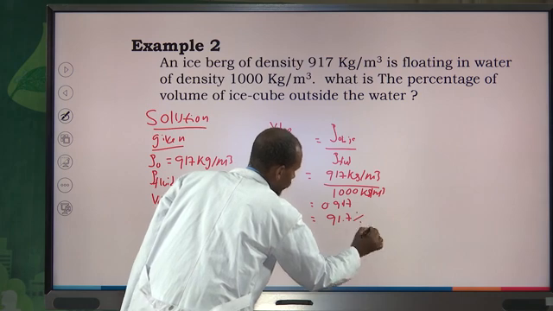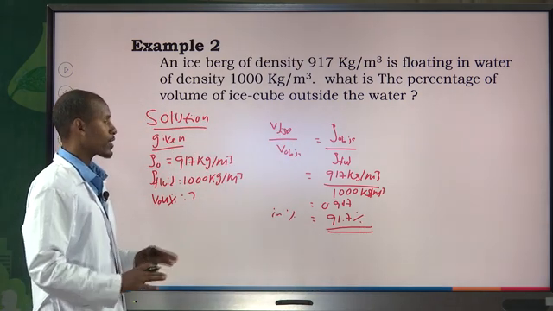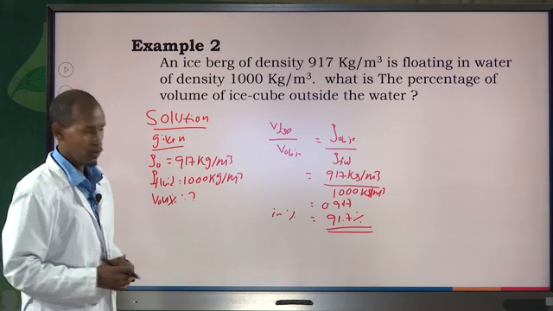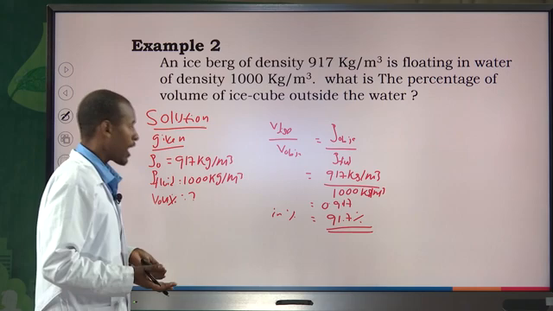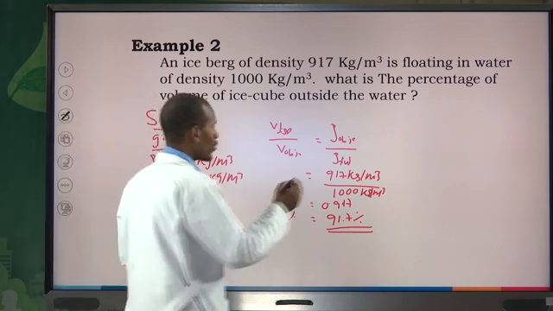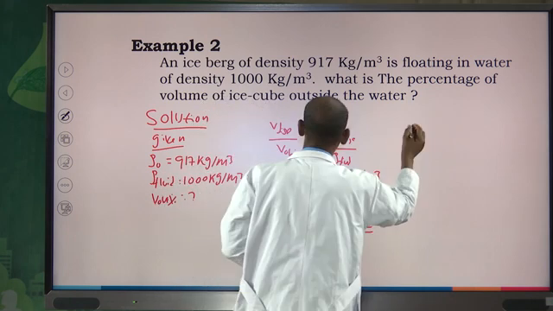In percent, this is equal to 91.7%. Students, don't get confused. This is the part of the iceberg below the surface of the fluid. Now, to find the part of the iceberg outside the fluid, we have to subtract this from 100%.